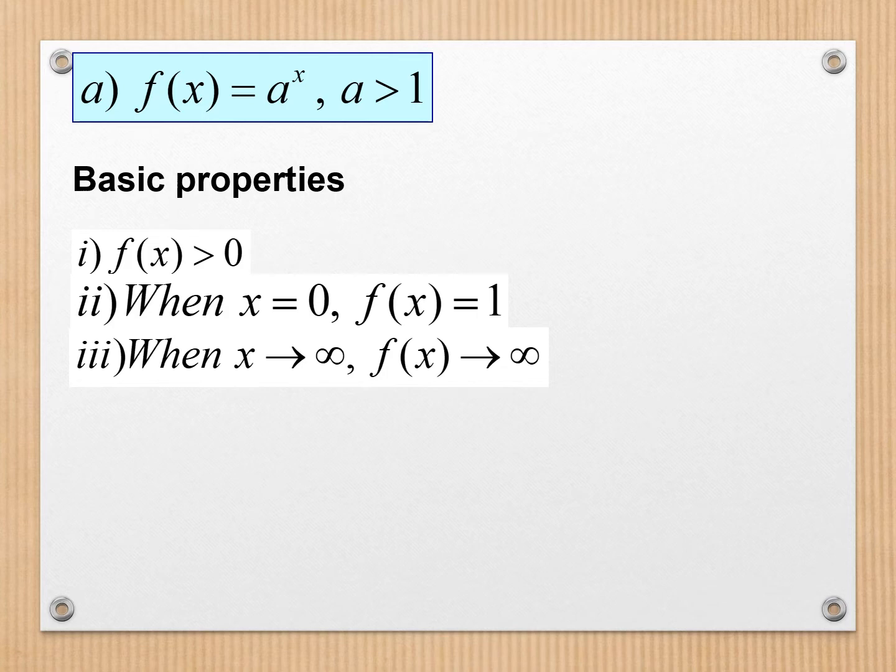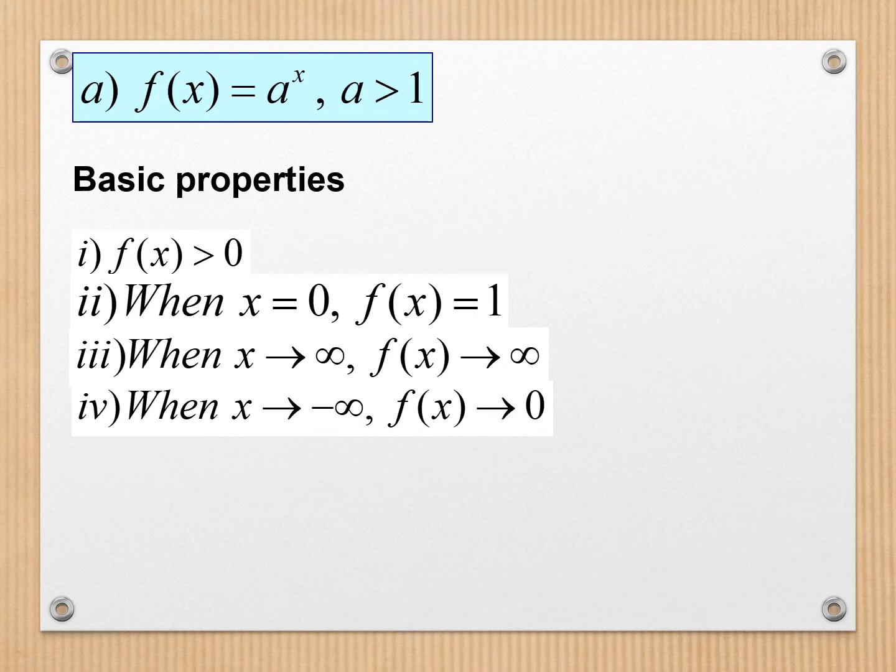You can see when x approaches positive infinity, x is on the positive side, then y is moving up to positive infinity of y. The fourth one, when x approaches negative infinity, f(x) approaches 0. The domain of this function is negative infinity to infinity.